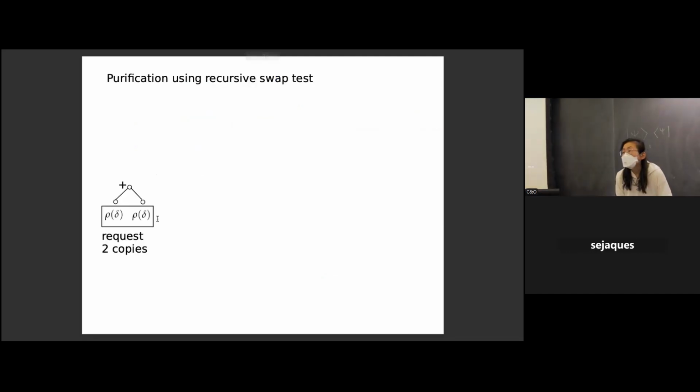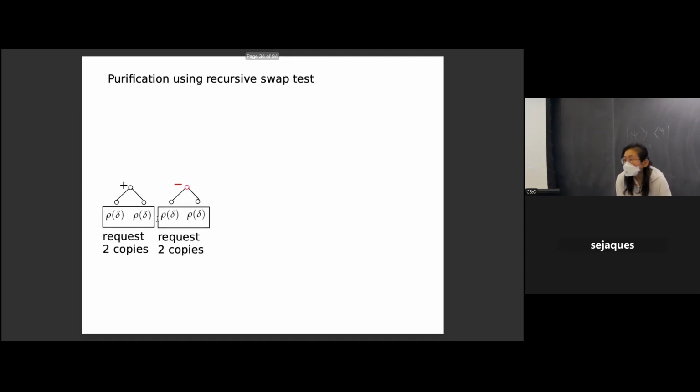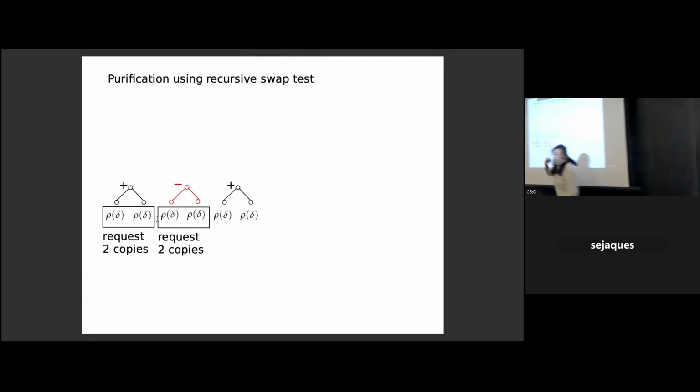And the idea is to recursively run this protocol. You take 2 copies. If the outcome is plus, then you keep 1 out of the 2 systems. Then you take 2 more copies. In this case, my outcome is minus, so I throw everything away, it can't be used. Then I ask for 2 more copies. This time I get the plus outcome. So now I have 2 states that are slightly more purified than before.